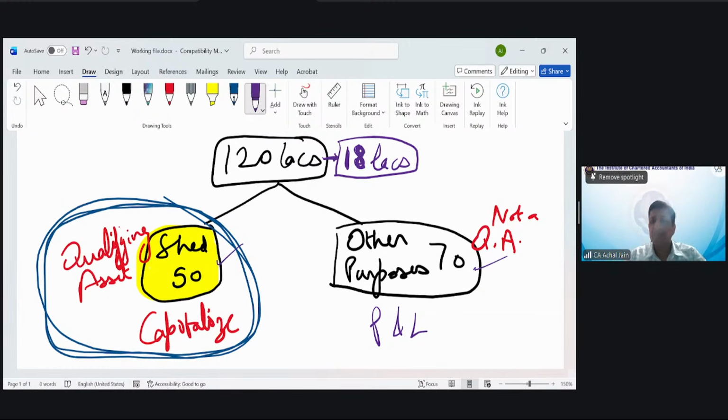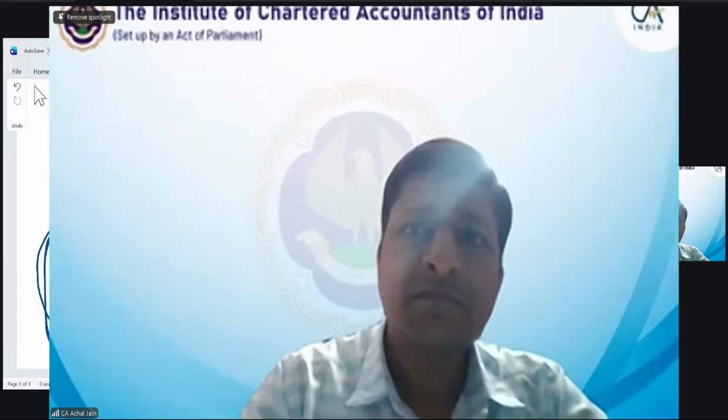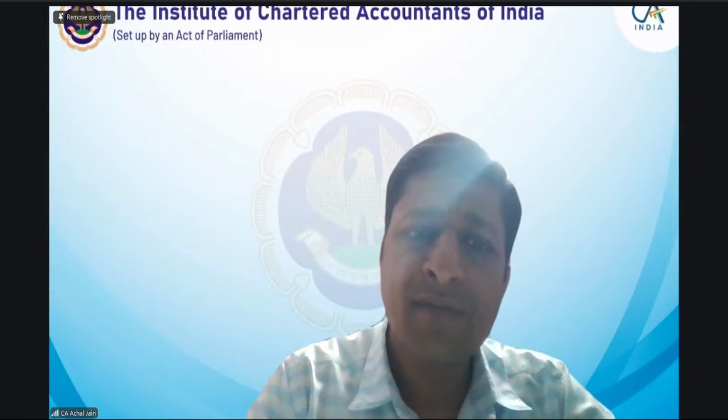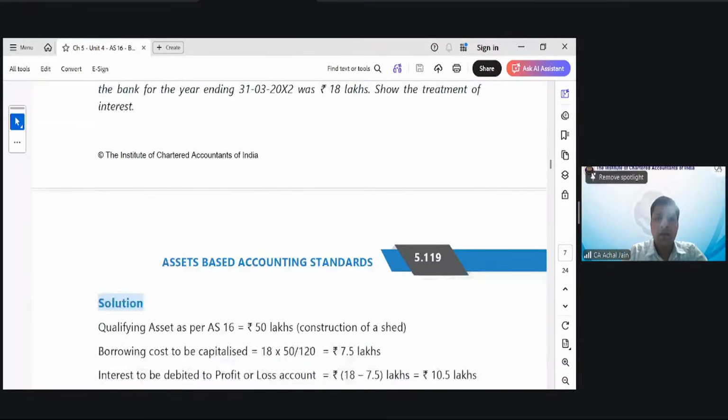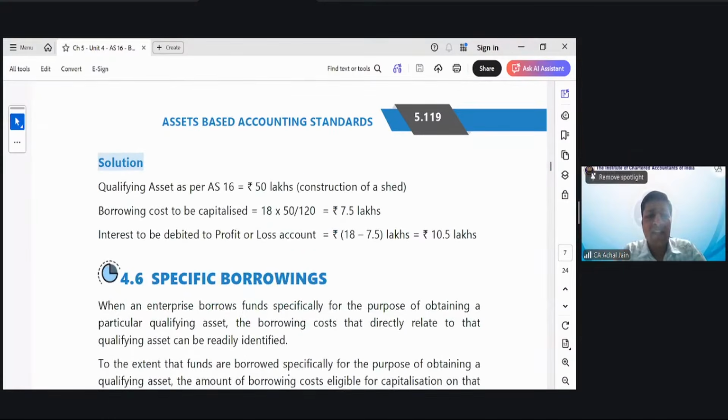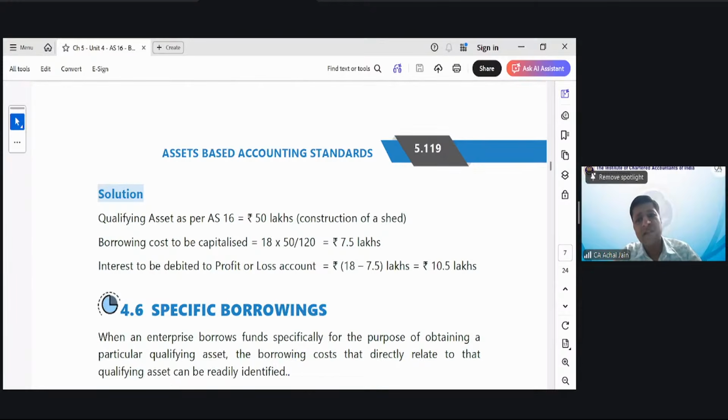Okay. Yeah. So now if you go to the solution, we can just look at the solution also. Qualifying asset as per AS 16, what is that? 50 lakhs, which is for construction of a shed. So what do you do? Out of 18 lakhs, the total interest, the proportionate amount for the shed you will capitalize.